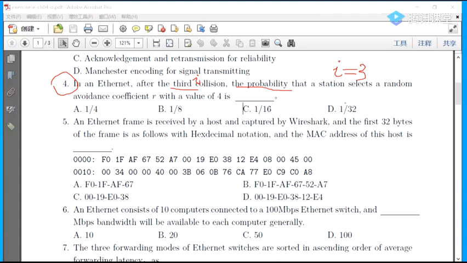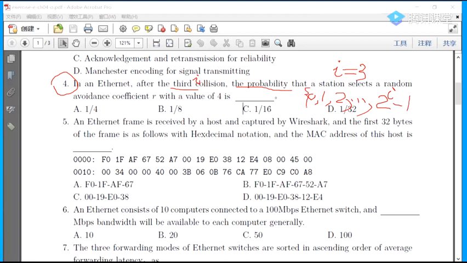The random avoidance coefficient R can be selected from 0, 1, 2, up to 2 to the power of i minus 1.